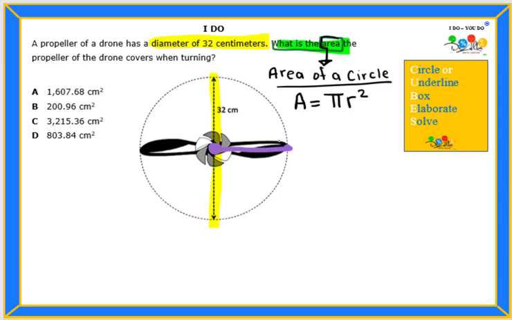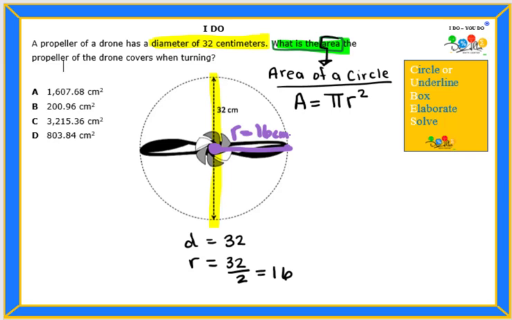So remember, if the diameter is 32, then for the radius, we're going to do 32 divided by 2 to get half, and we will get 16. So for our radius of the propeller, we have 16 centimeters.